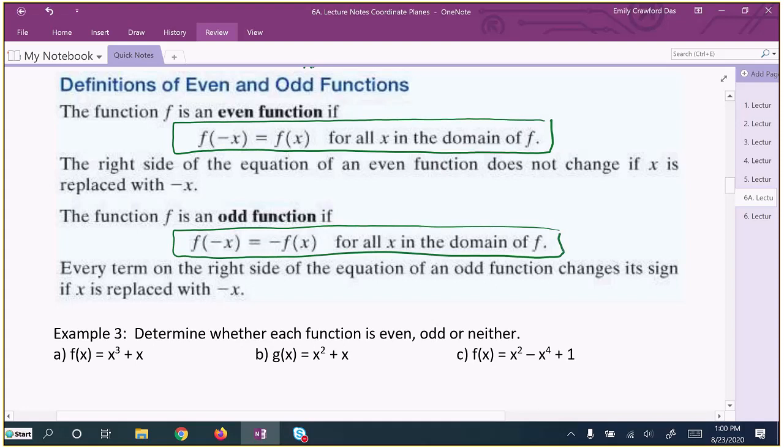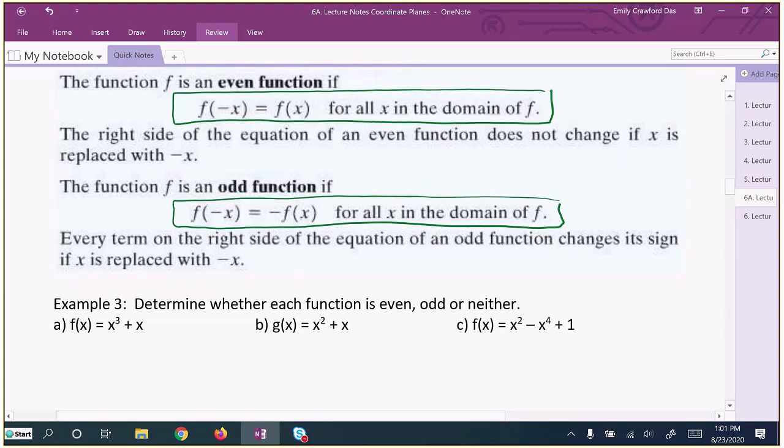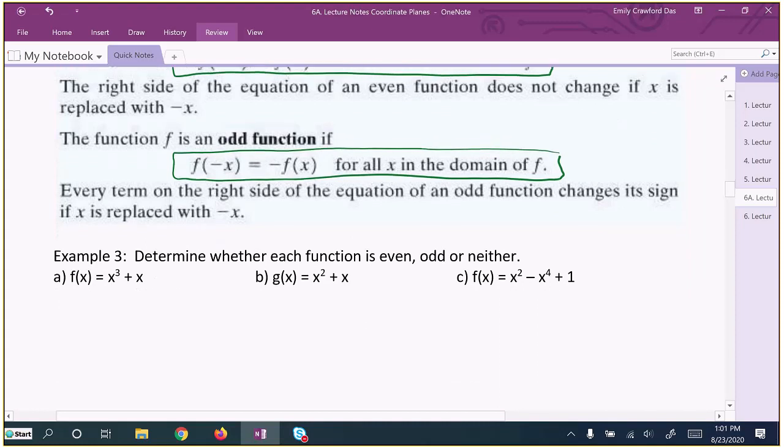If we're asked to check if a function is even or if a function is odd, we're always going to start by plugging in f of negative x and then see whether we get back our original function f of x, or maybe we get back the negative of our original function, negative f of x, or maybe neither thing happens, because not all functions are even or odd. This is a very specialized type of function. And then in a minute we'll discuss the symmetry and what the implications are of being an even function or an odd function.